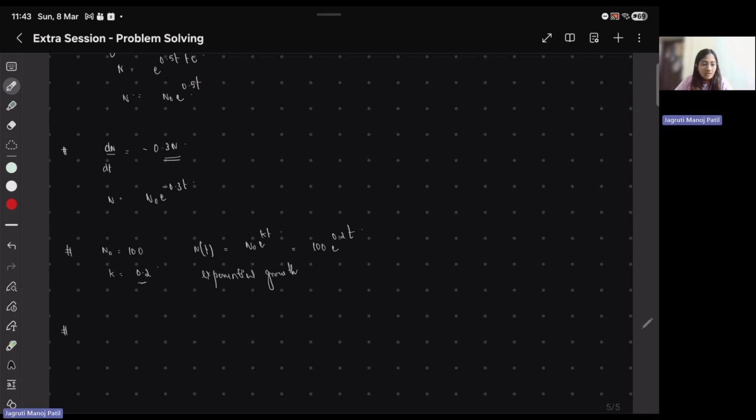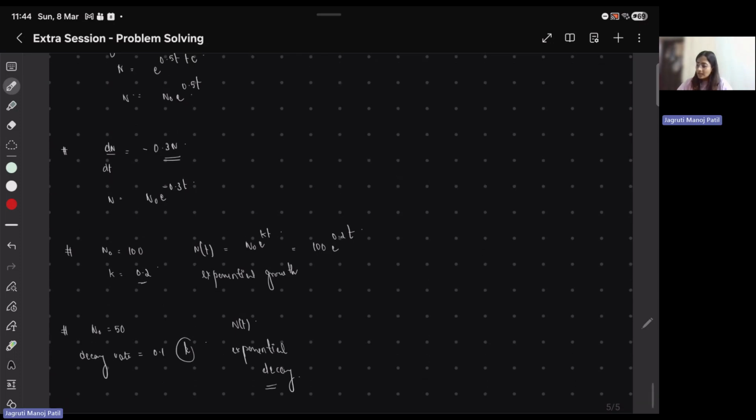Okay. The next question is similar, but in this case, some terminology is different. N naught is 50 and they are giving you a decay rate here. So now you need to understand the terms here. Decay rate as 0.1, that's essentially your k, and they are asking you to write it for exponential decay.